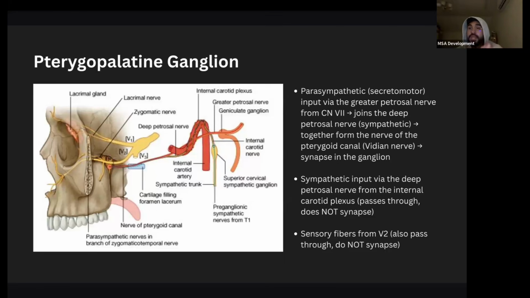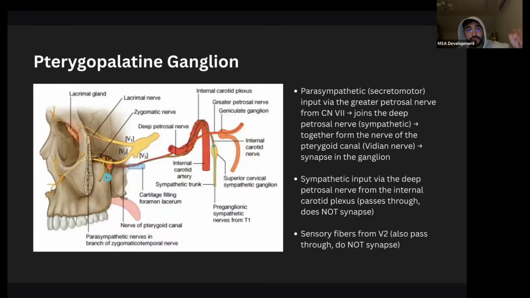the lacrimal, nasal, and the palatal glands? So remember, we've mentioned we have the greater petrosal nerve that comes from the cranial nerve, the facial nerve, right? It joins the deep petrosal nerve. So this is the deep petrosal nerve right here. It joins the deep petrosal nerve, and then it becomes what we call the nerve to the pterygoid canal, or the Vidian nerve.